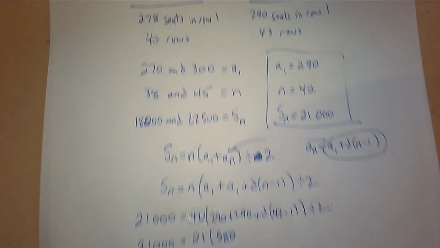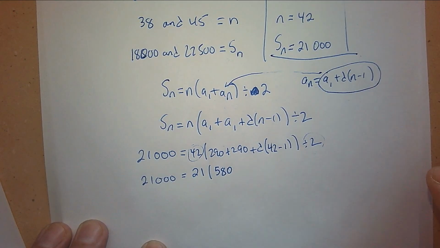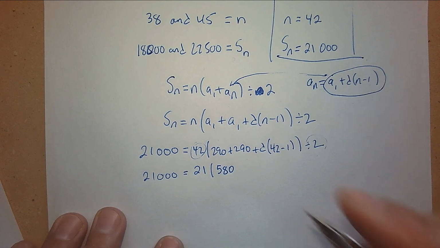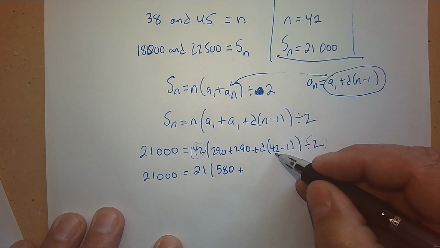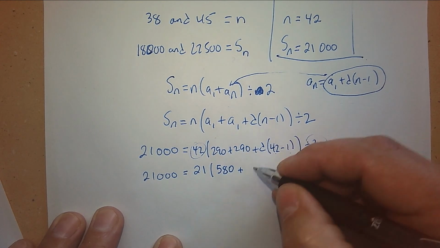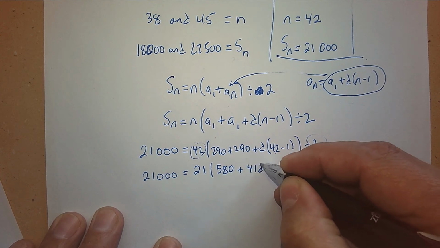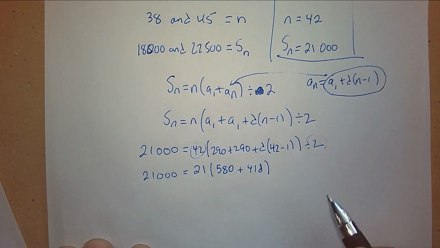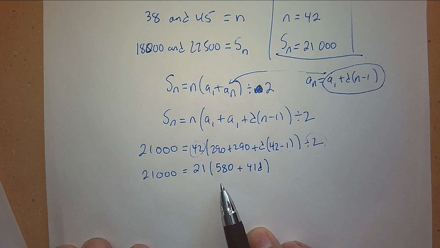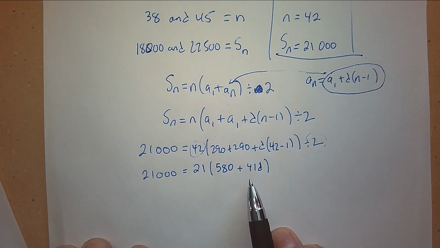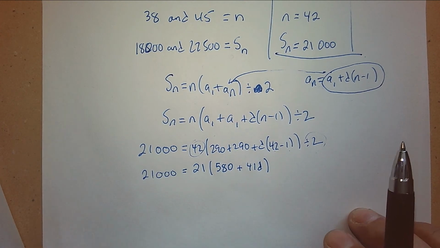What do you have? And 42 take away 1 is 41D. Do you know where 580 came from? Yes. Do you know where 41 came from? You use your numbers and keep following.